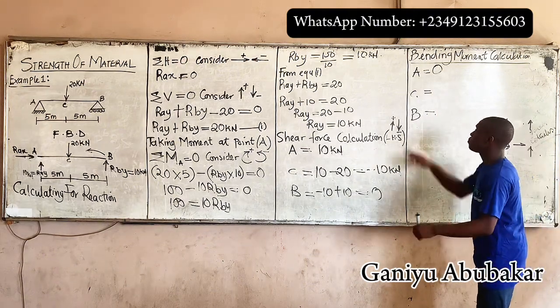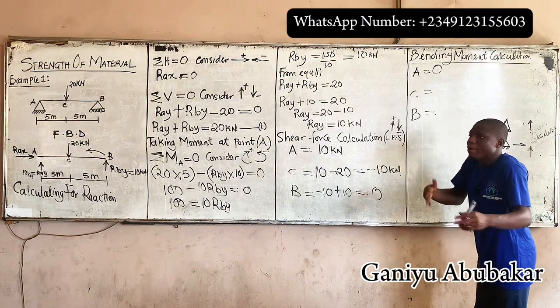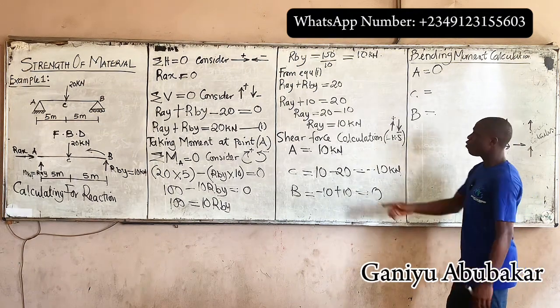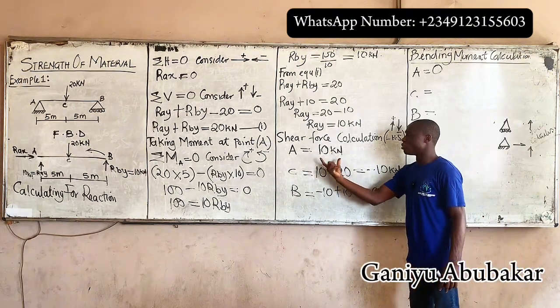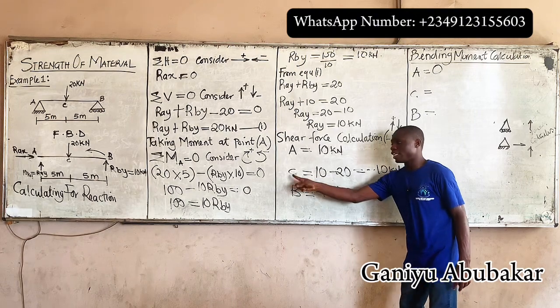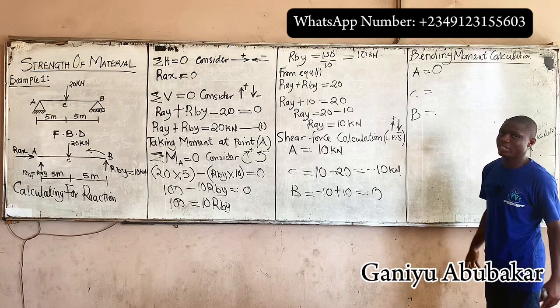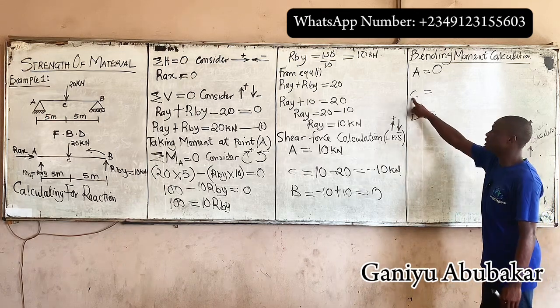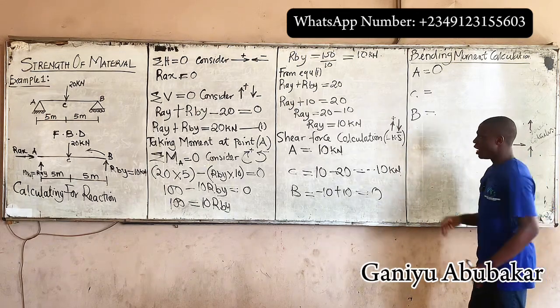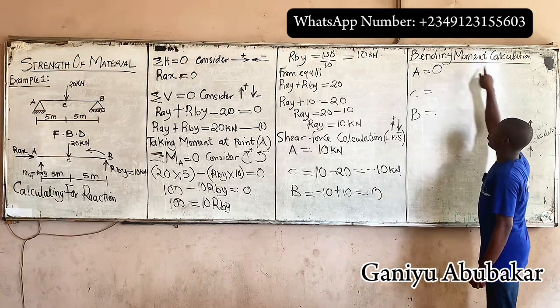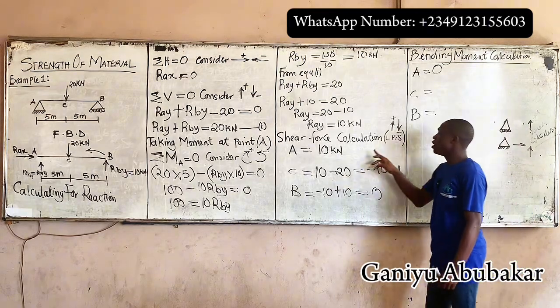So at point A now, bending moment was 0. For shear force, we repeated this one down first before considering this section. But for this one now, you don't repeat. Now, at point C, listen up. For bending moment calculation, when we did shear force, we said left hand side reading.